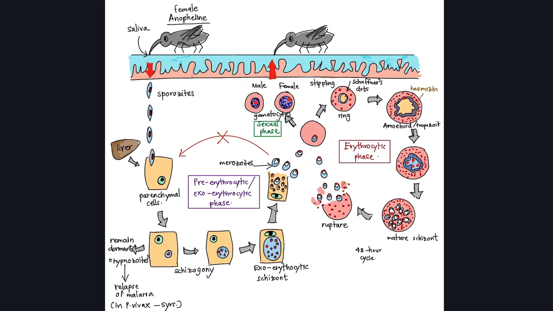The sexual phase of the malaria parasite then develops in this definitive host, and after this female Anopheles mosquito bites another person, it releases these sporozoites again, and this continues as a cycle and infects another person.